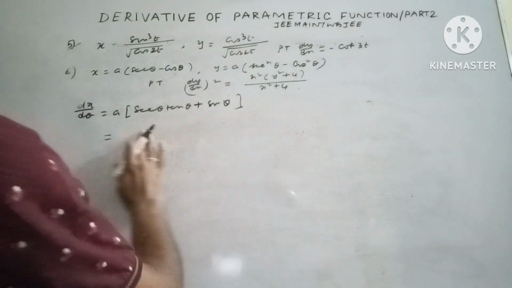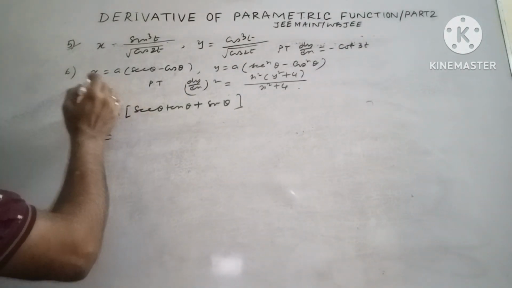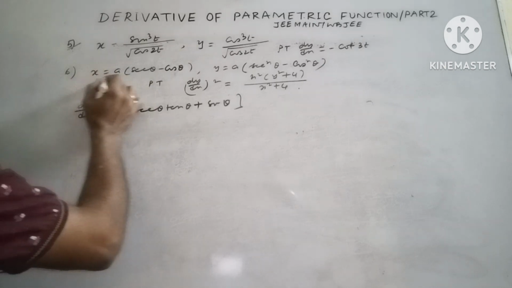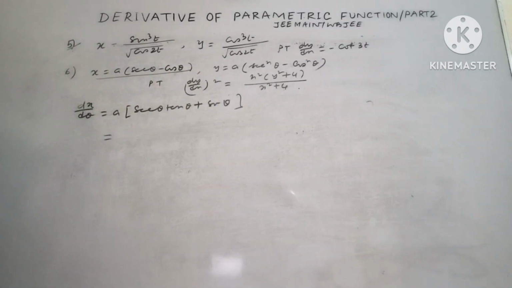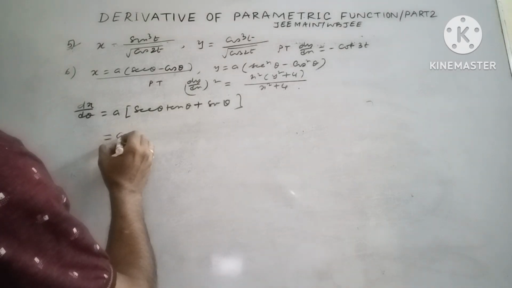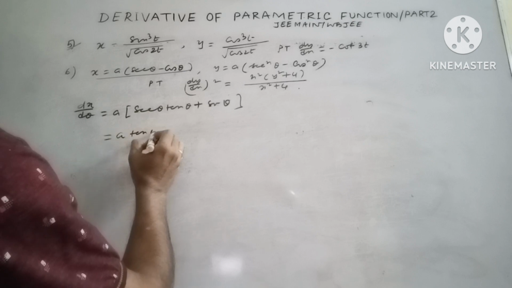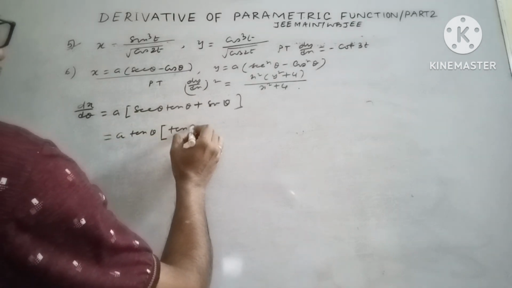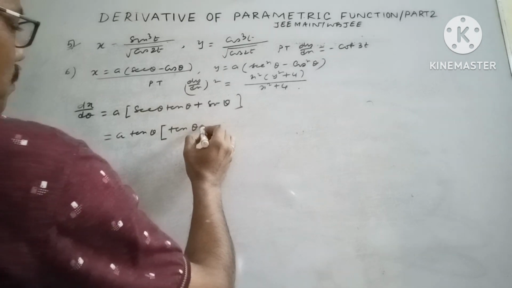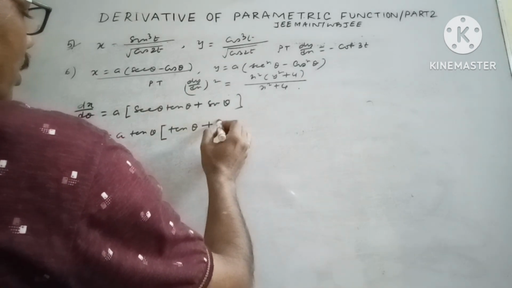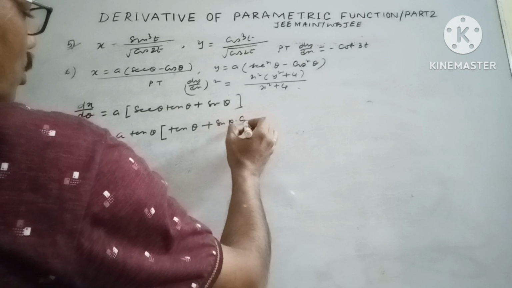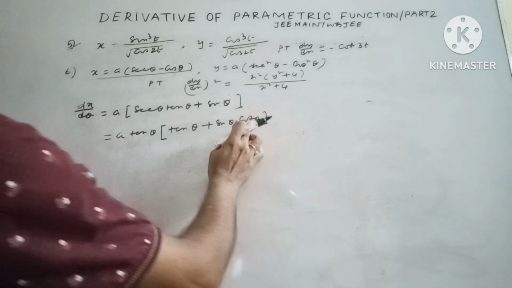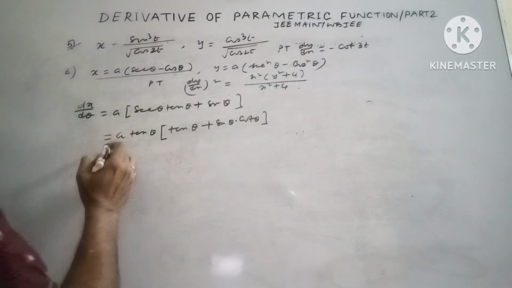So our main aim is to take ds d theta in the form of sec theta minus cos theta. So take tan theta common, not sec theta. So tan theta plus sin theta into cot theta. So sin into cot is 1.